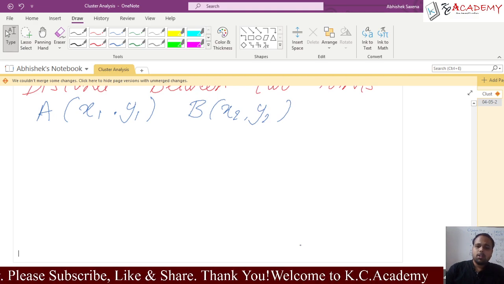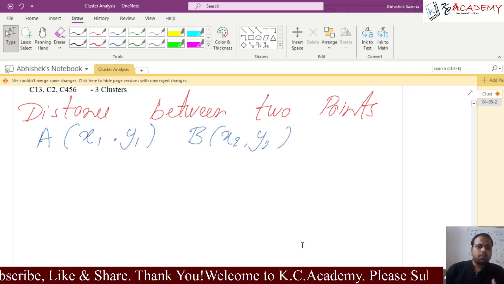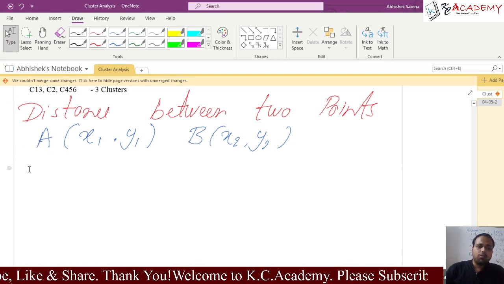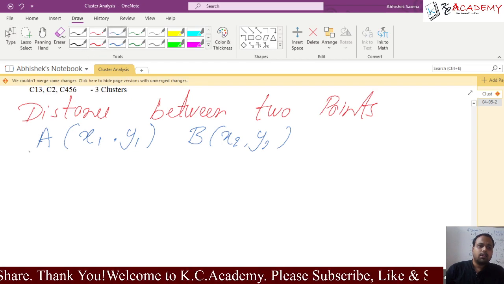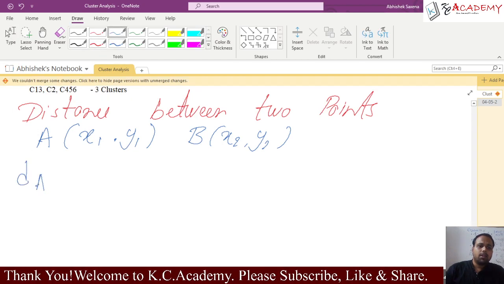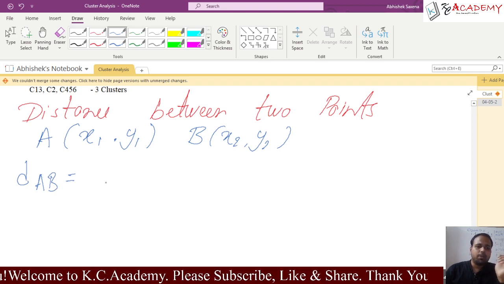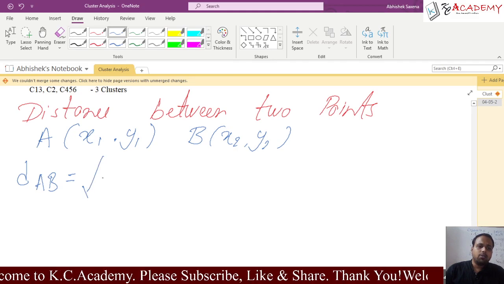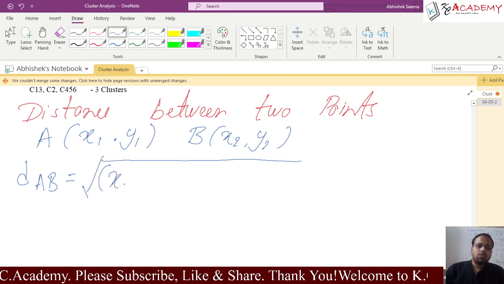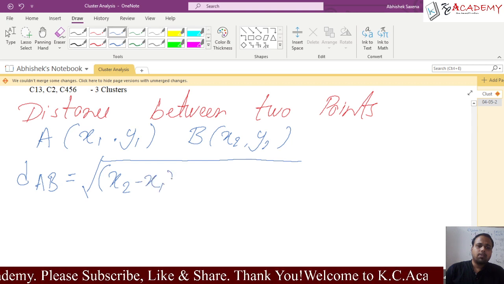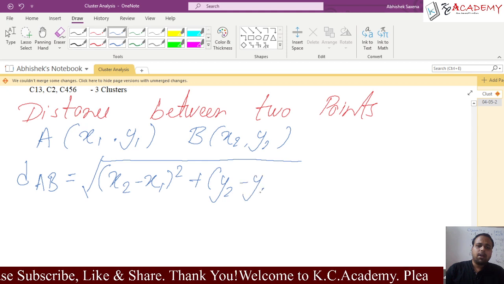If I want to find distance, I will write D AB. D is for distance and AB is the distance between point A and point B. That is the under root of x2 minus x1 square plus y2 minus y1 square.